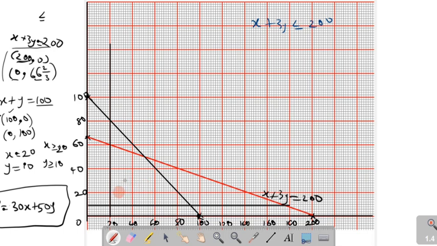So you can use 0, 0 to test for this. If you put 0 for x here, 0 plus 3 times 0 is obviously less than 200. So that satisfies this inequality, x plus 3y less than or equal to 200. It means that values on this side are less than this here. So it satisfies that inequality. So in order for me not to be confused, I'm going to shade the part that is unrequired. So the shaded part is the unrequired, the upper part.